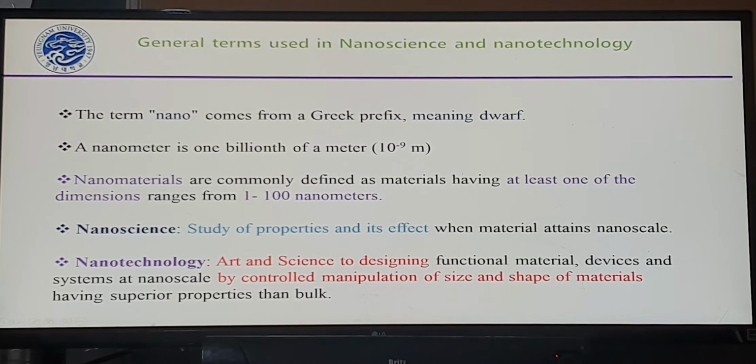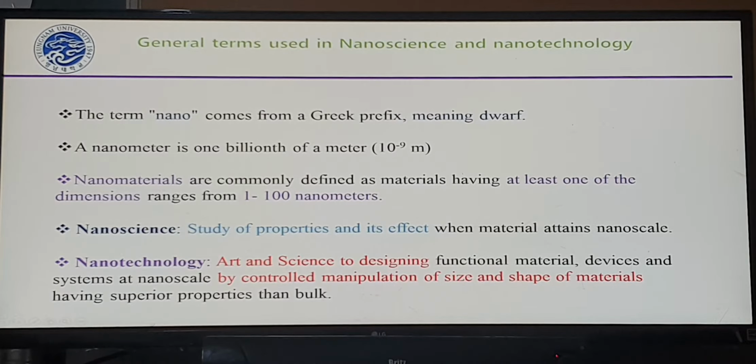So nanoscience is the branch of science which studies the properties and their effect when a material comes under nanoscale. Then coming to nanotechnology: the art and science of designing functional materials, devices and systems at nanoscale by controlled manipulation of size and shape of materials having superior properties than bulk.